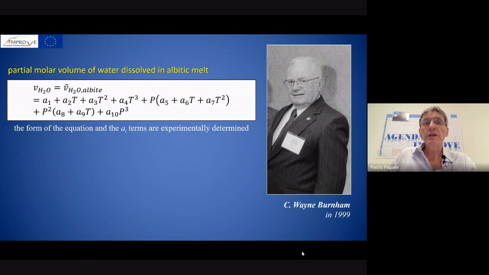regression the unknown coefficients. In fact, the first formulation of the model in the 90s included an equation of state for the hypothetical pure dissolved carbon dioxide involving 10 adjustable model parameters analogous to the A parameters that appear in the equation for water in this slide.